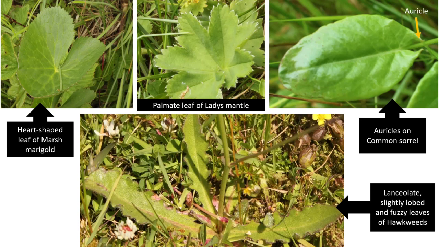So this would be cat's ear. So each one of these will be very characteristic of different plants. And again, we'll look at those in the lectures over the next while, and also when we get out on site to look at them in reality.